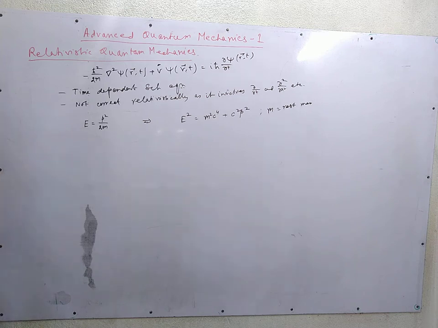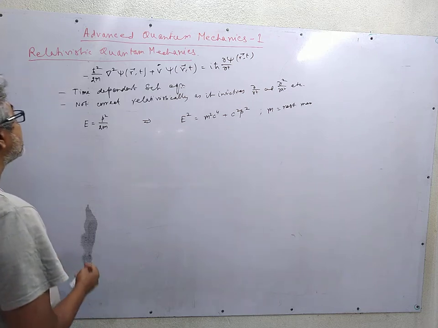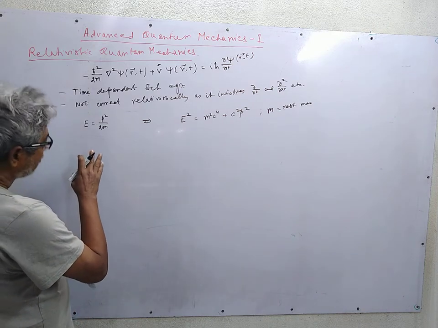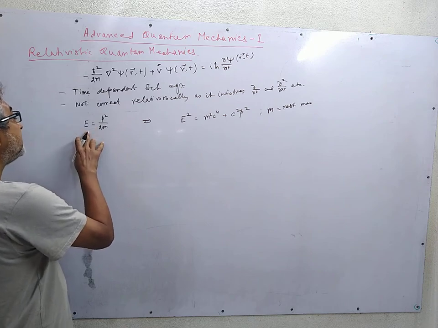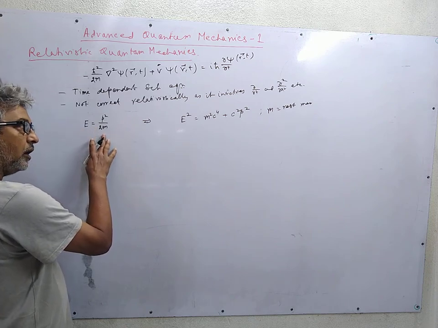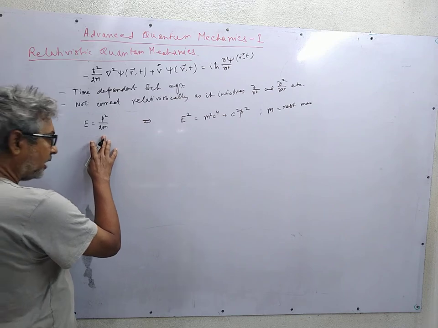Now, what we did in the Schrödinger picture, we used a correspondence principle due to Bohr to replace the dynamical variables by their corresponding Hermitian operators.